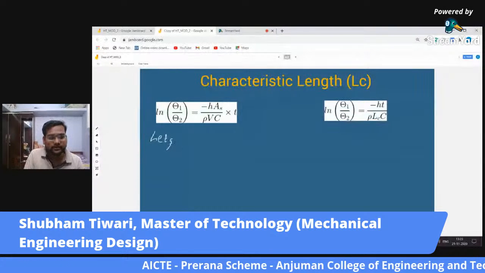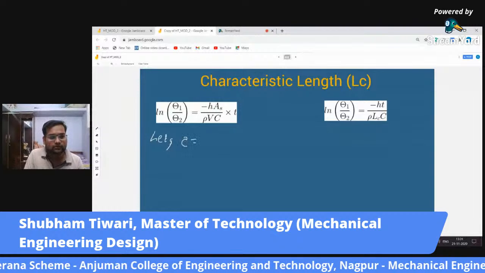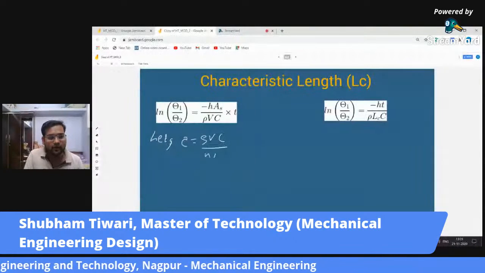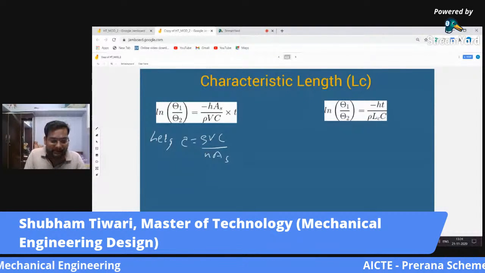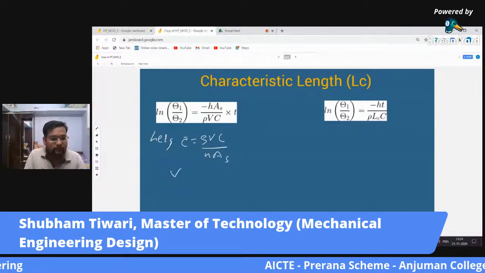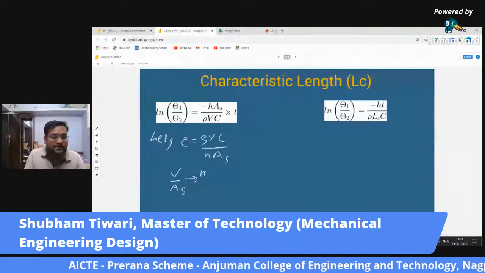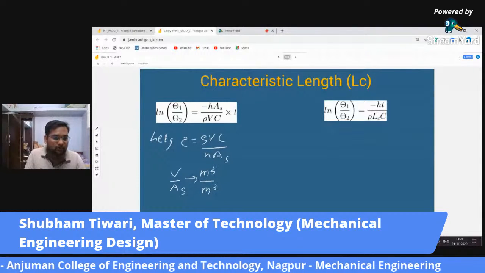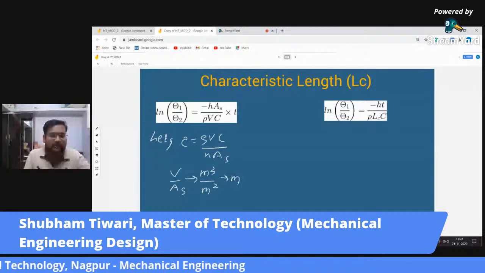we have here this entire constant thing, tau equals rho V c upon h into A, the surface area. If I take this V by A, we see that the unit this quantity will give us is meter cube upon meter square, which is meter.